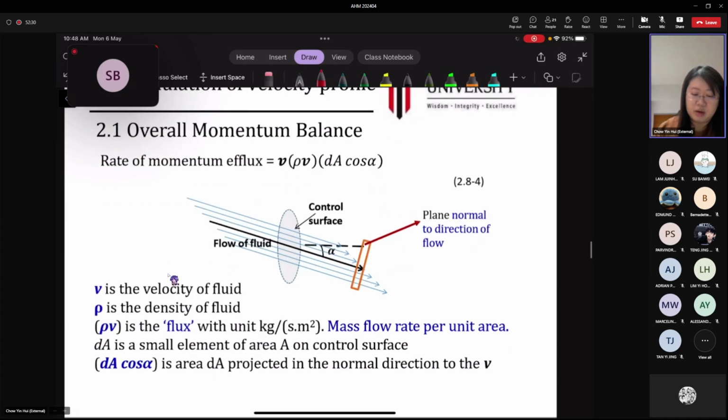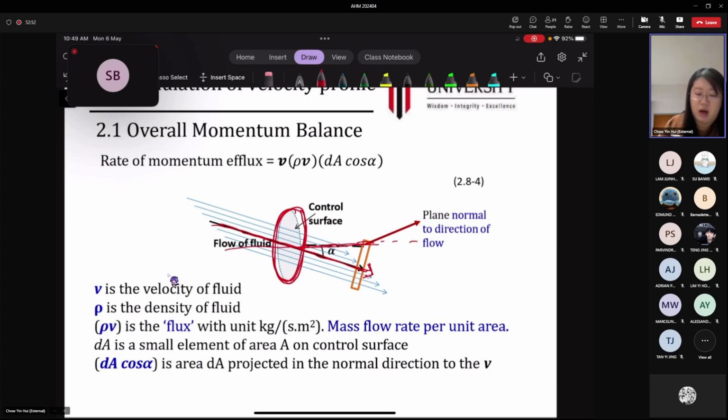Now, this is the control volume or the control surface that is being focused on, and you have a fluid flowing in this direction here. It's not perpendicular, so let's say it is in a direction that is inclined, normal to this symmetry here.